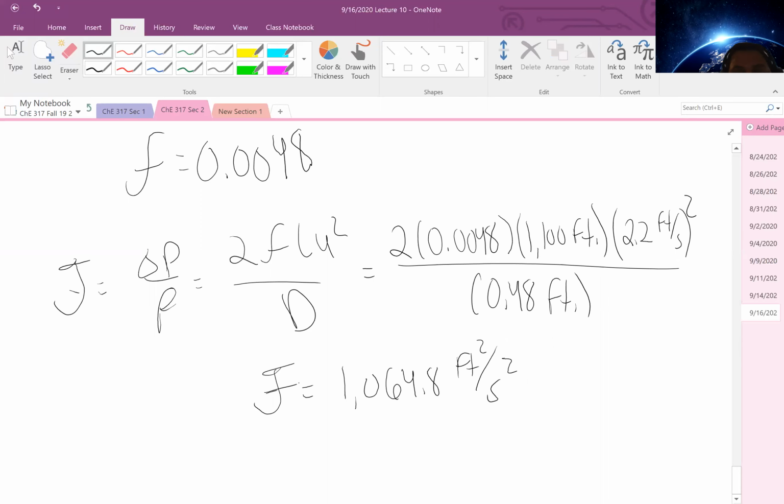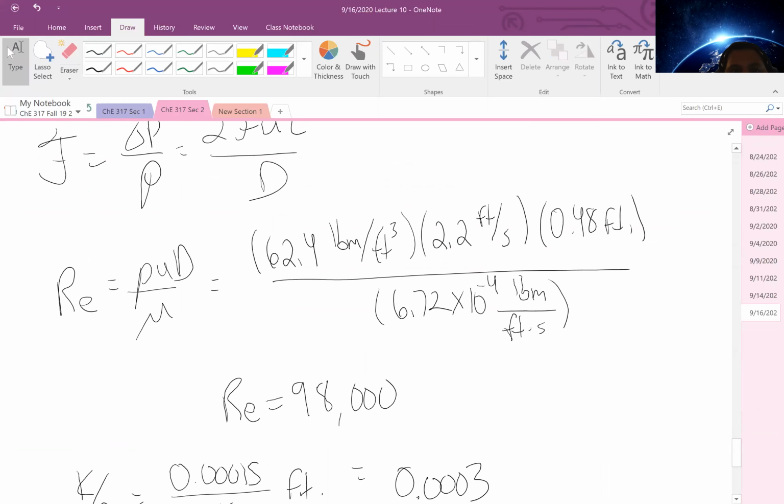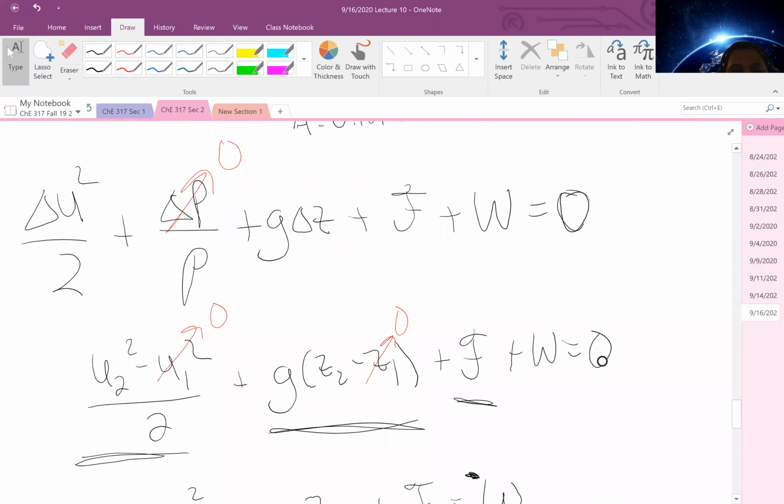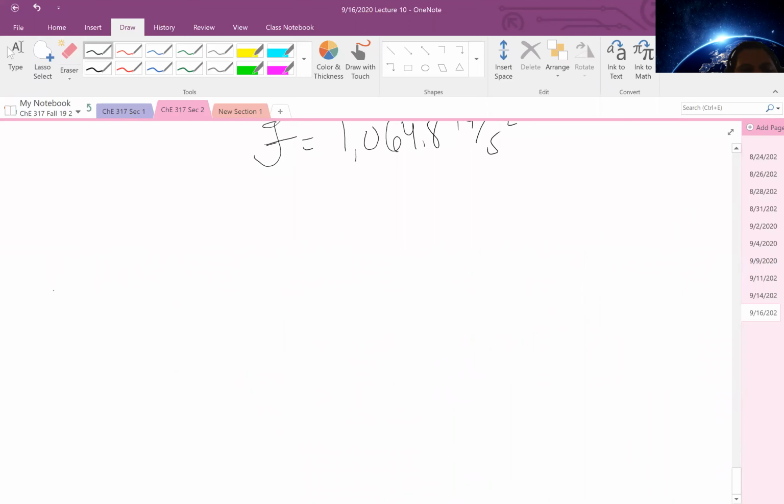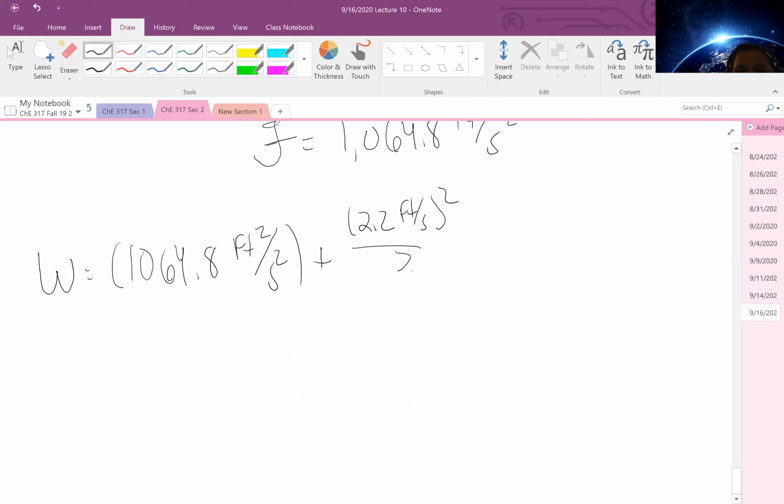So now that we have friction, we can go back to our energy balance and solve for work. So we have 1,064.8 feet squared per second squared plus 2.2 feet per second squared over 2 plus 32.2 feet per second times the lift, 330 feet.